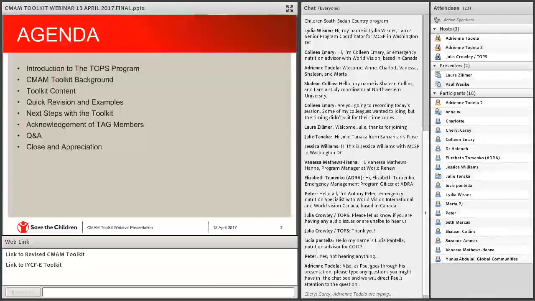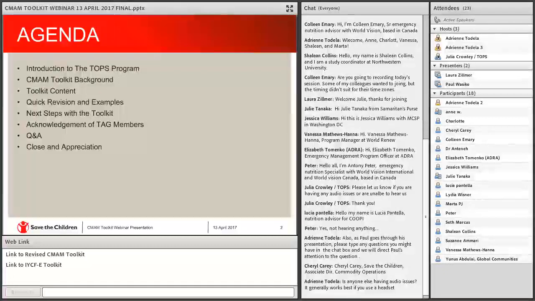Then we'll talk briefly about some of the technical advisory group members, which I'll explain more on later, who participated in the revision process. Then we'll have an opportunity to respond to your questions, if you have any. In case we may not be able to respond to all of them, we'll definitely be available as we move on with the toolkit use.